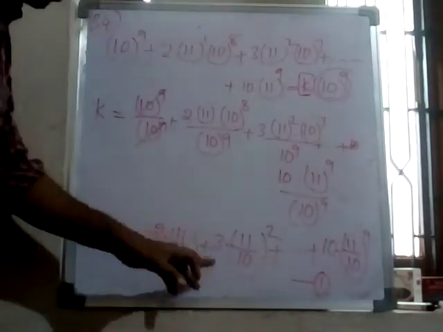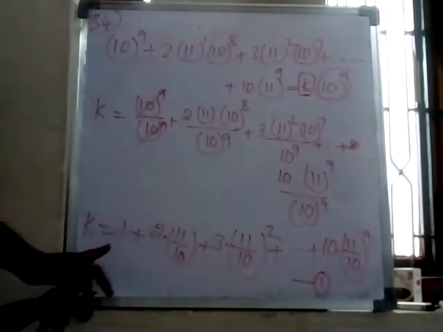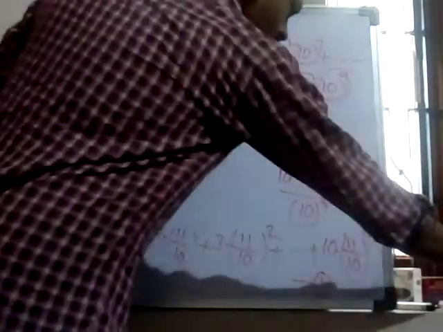So this first equation is multiplied with 11 by 10.